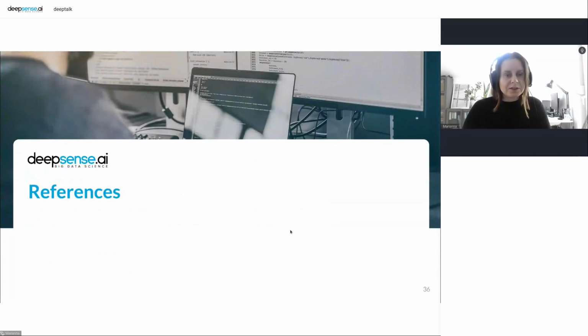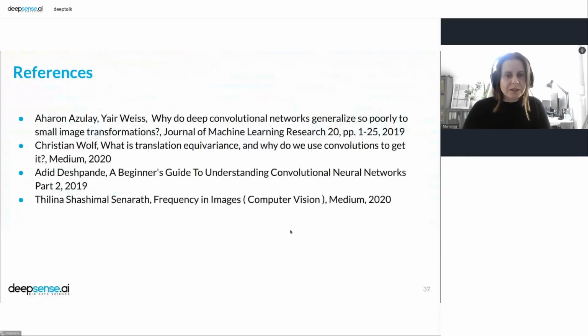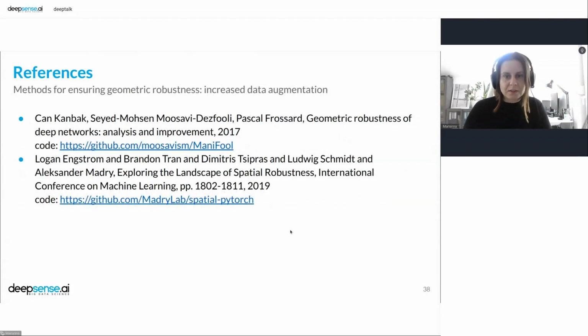I will now show you the references. You can find at the end all the references, the sources I used to prepare this theoretical explanation, but also papers presenting methods that can be used and their implementations. So we can find here the papers about increased data augmentation.